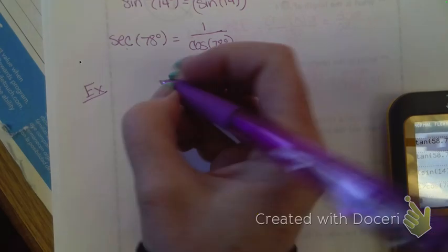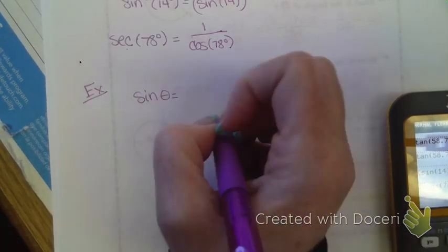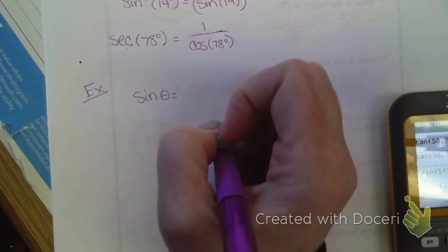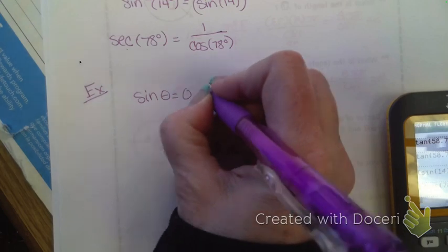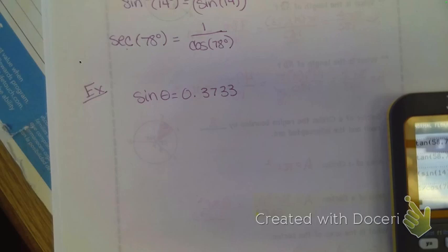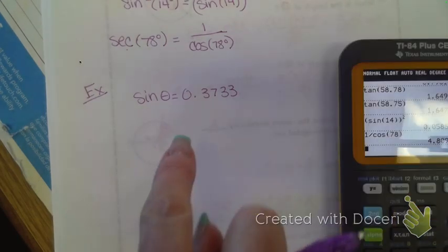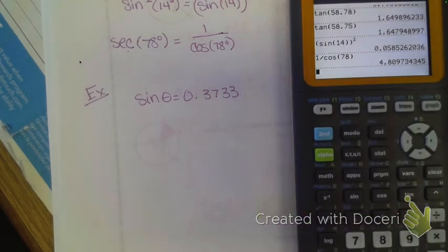So if I gave you the sine of theta equaled 0.3733, I cannot put that in my calculator, can I? Why not? Because theta is the x, right?